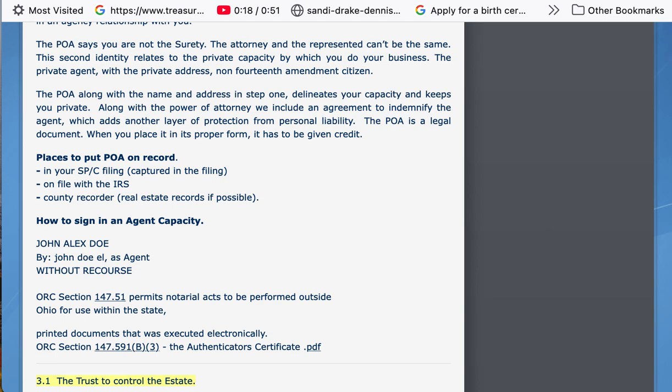A private agent is an agent acting for an individual in his private affairs, as distinguished from a public agent who represents the government in some administrative capacity.